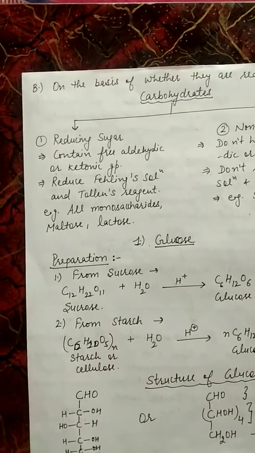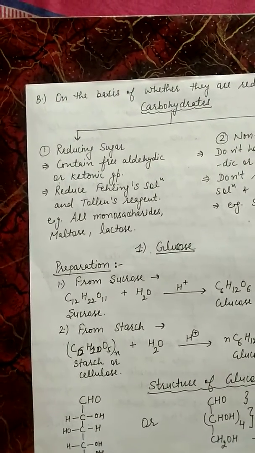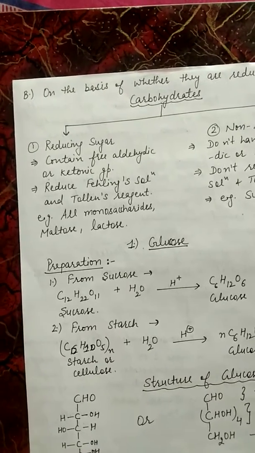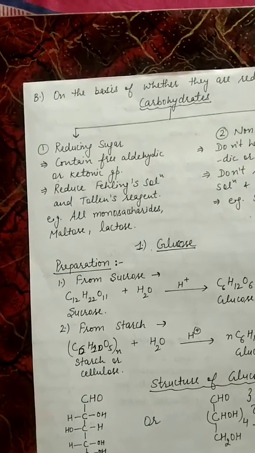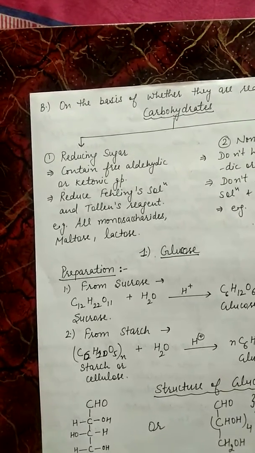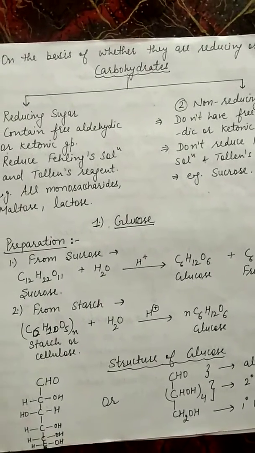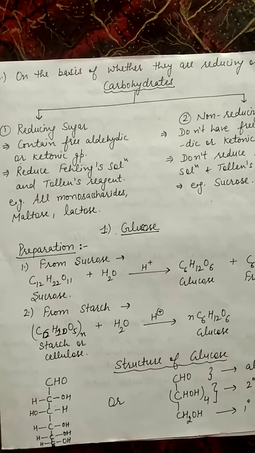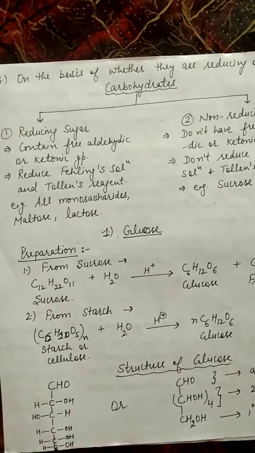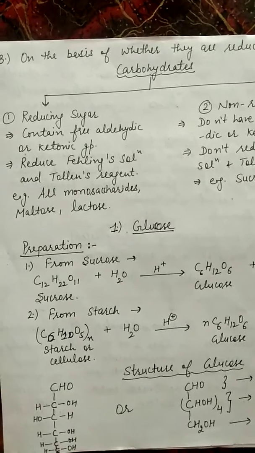Second, carbohydrates are used as storage molecules, as starch in plants and glycogen in animals. Third, D-ribose and 2-deoxy-D-ribose are present in RNA and DNA.